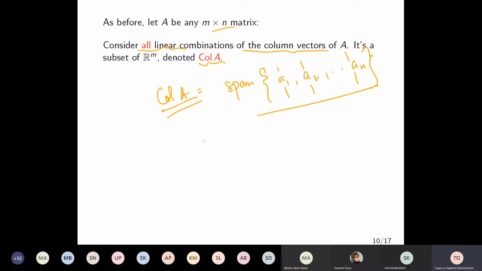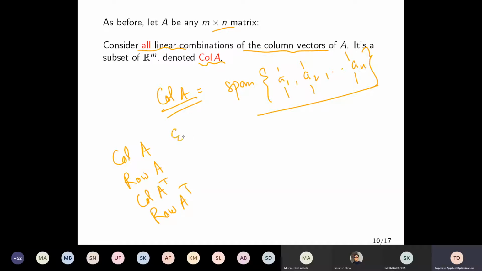There are a couple of fundamental vector spaces. Let me write down some that you may be familiar with. This is the column space that I just defined. Similarly, I can define the row space of A, which is the column space of A transpose.